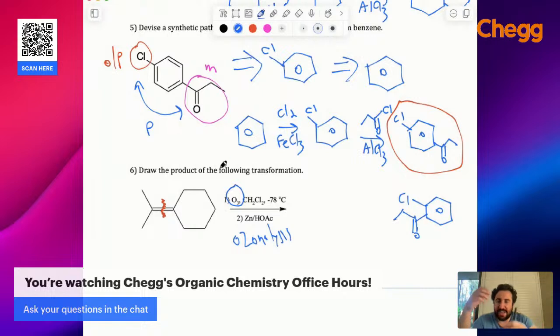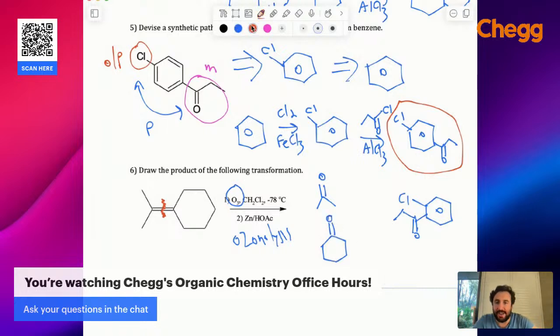So we take these fragments and we're going to pull them apart. What do we end up with? We have this 3-carbon fragment, and the carbon that was participating in the pi bond is now a carbonyl. And then we have a cyclohexane moiety, and that is now a ketone as well.